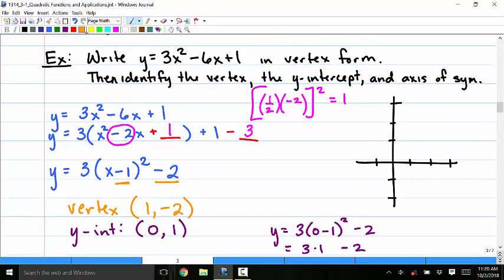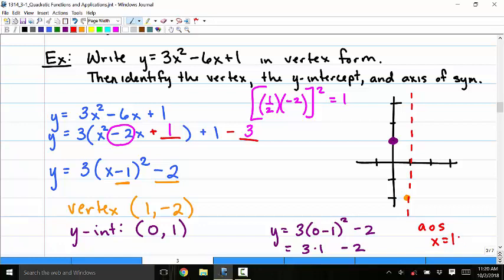I'm going to go ahead and plot these. 1, negative 2 is here, and the y-intercept is 0, 1 here. Okay, my axis of symmetry, where is it? It goes through my vertex, right? So the axis of symmetry is x equals positive 1.